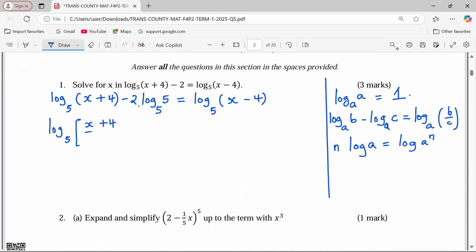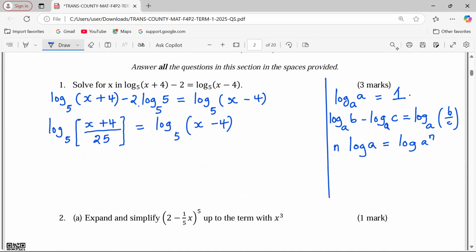And remember, 5 power 2 is equivalent to 25. This is equal to the log to base 5 of x minus 4.